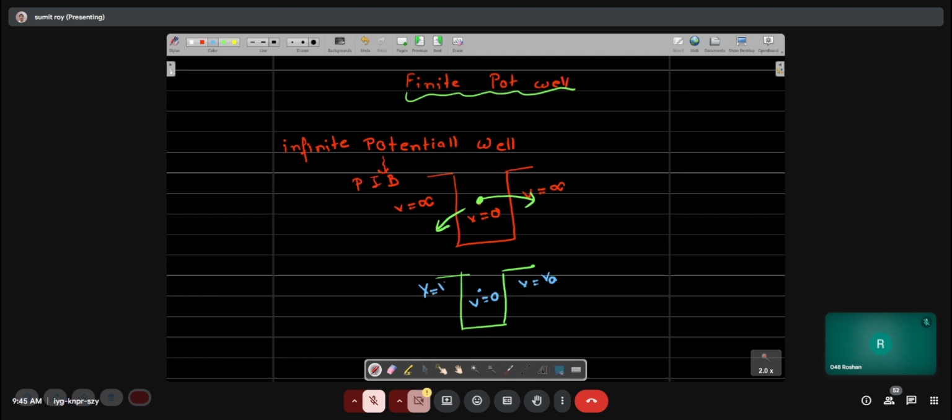Rather, it has some value, say V naught. And if the total energy of the particle is E, then you can easily predict that now because the potential energy outside is not infinite, the particle may penetrate into this region.